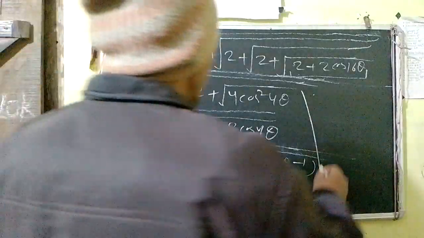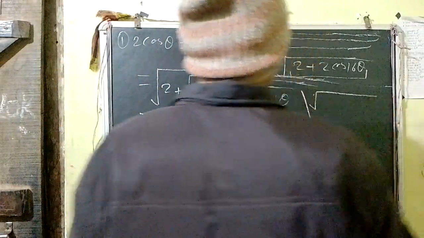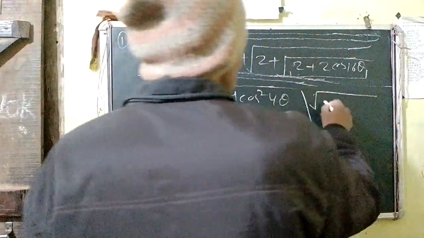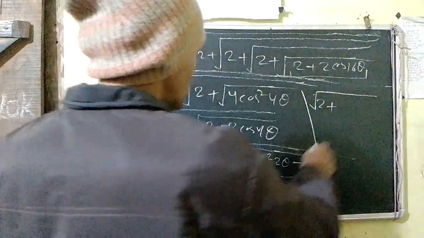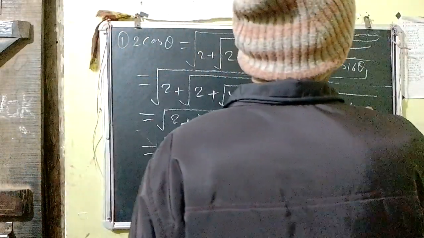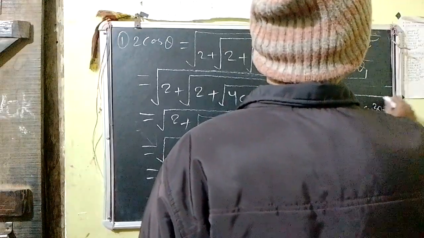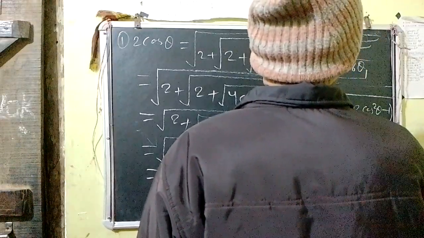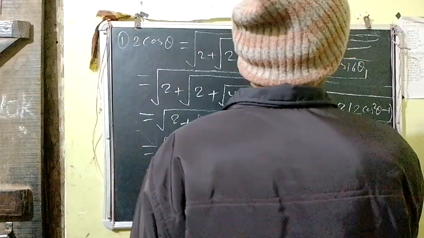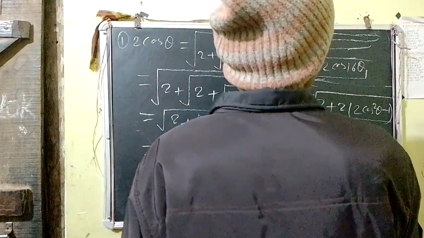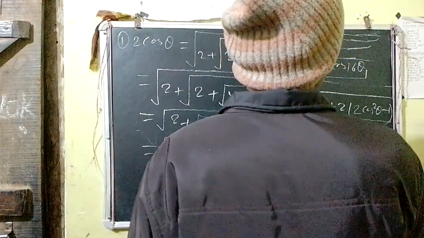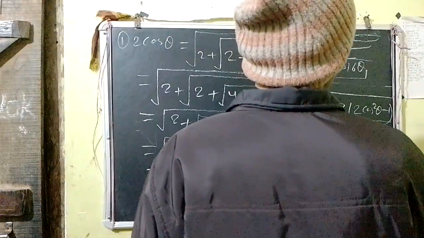So this becomes square root 2 plus 2 times cosine 2 theta, which is the same thing as 2 cosine square theta minus 1. Now this will be square root of, 2 will cancel out, so you're going to have 4 cosine square theta, and this becomes 2 cosine theta.